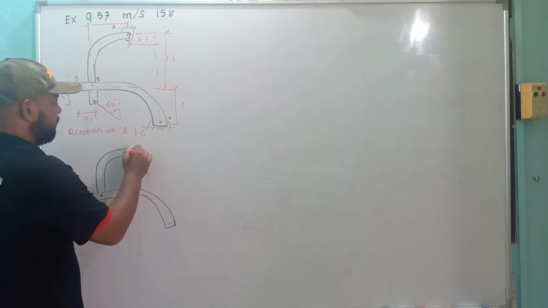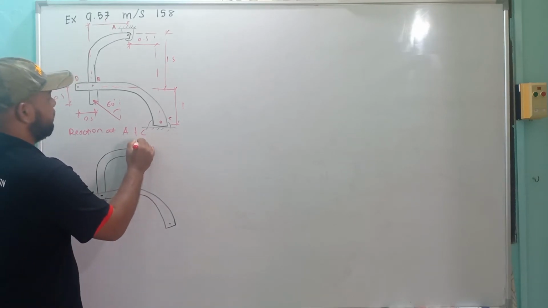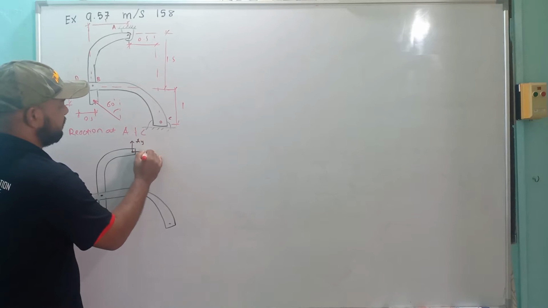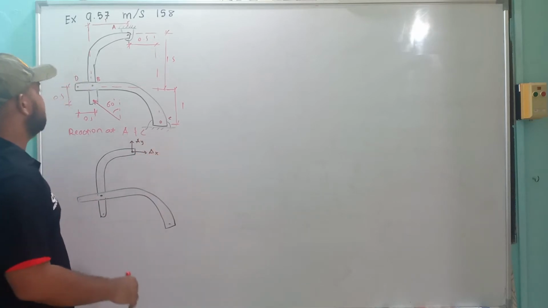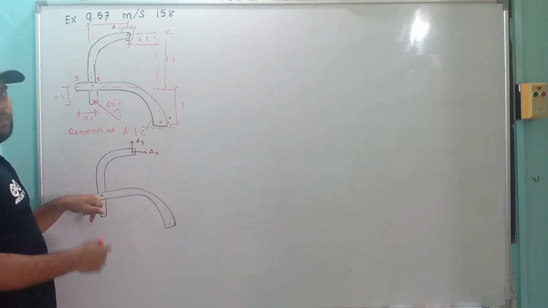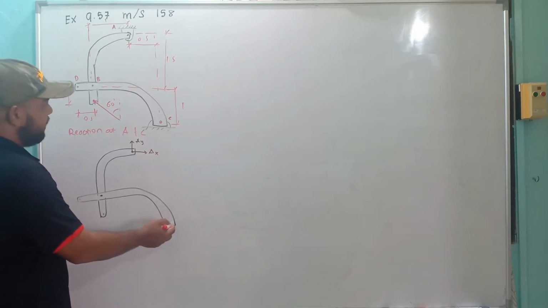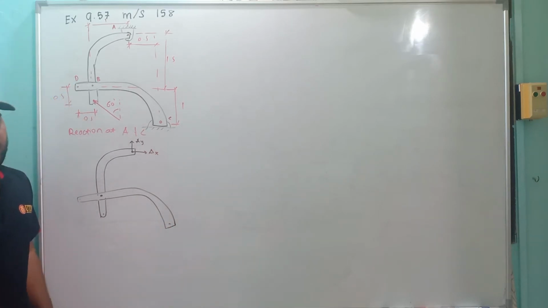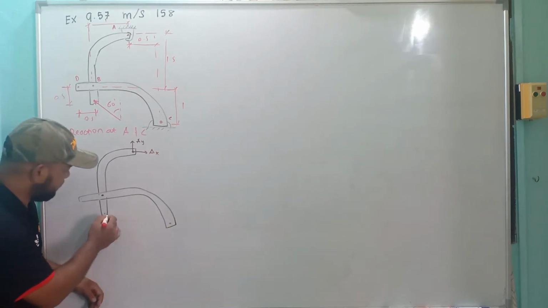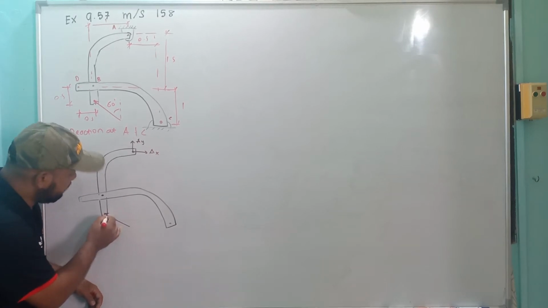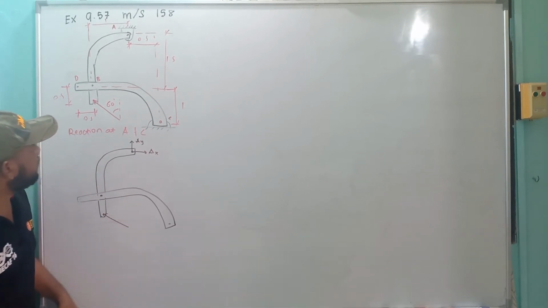At A, we open this one, so I have AY, AX. At B, we didn't open, so nothing. But at A, first we put the external force, which is here. What is the value?